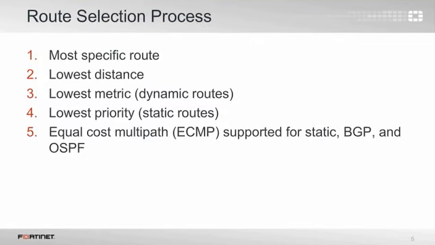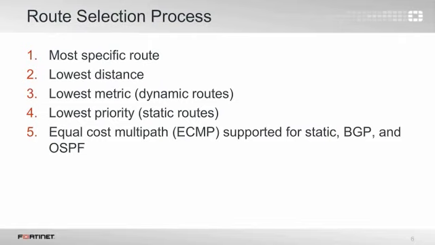When there is more than one route to a destination, this is the process for selecting which route to use. First, FortiGate uses the most specific route, which is the one with the longest net mask, or smallest subnet. If there are two or more routes with the same longest net mask, the unit selects the one with the shortest distance. After that, the lowest metric is used as the tiebreaker for dynamic routes.